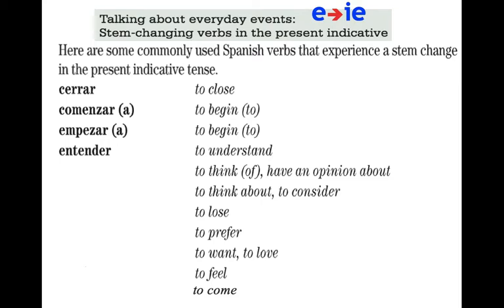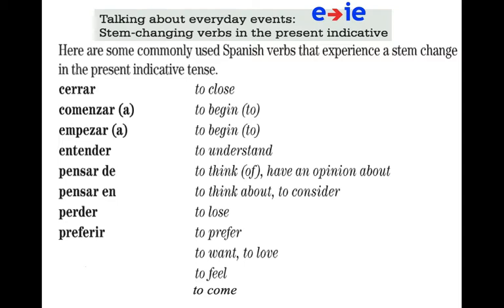¿Cómo se dice en español to think? More specifically, to think of and to think about. Repita, pensar de. Pensar en. ¿Cómo se dice to lose? Also begins with P. Repita, perder. To prefer. Repita, preferir.